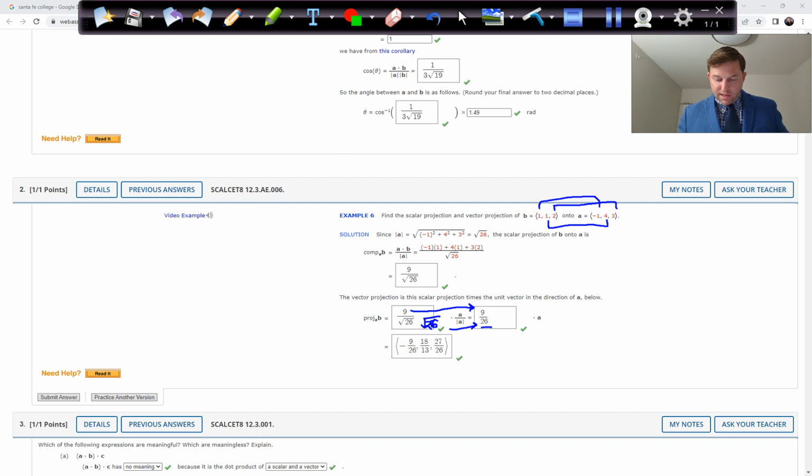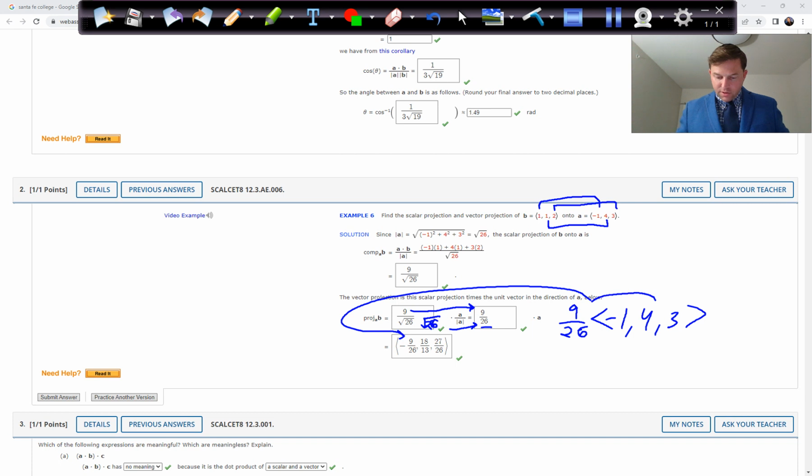So what we got, let me actually show you this part. To get to this answer here, you would take 9 over 26 times the vector A, minus 1, 4, and 3. So you're going to get 9 times minus 1, which is minus 9, all over 26.